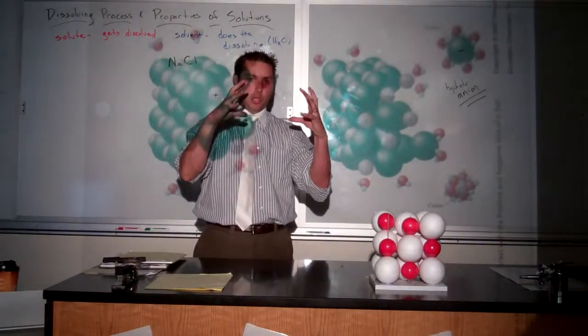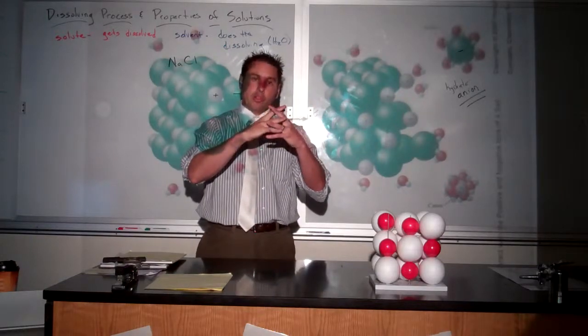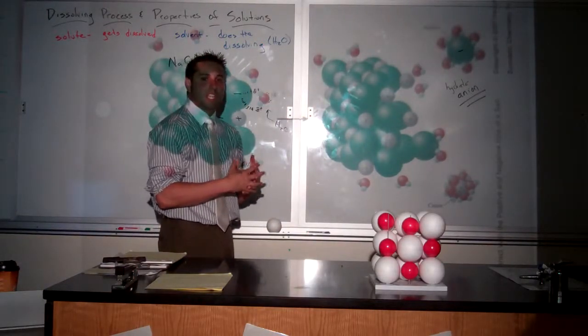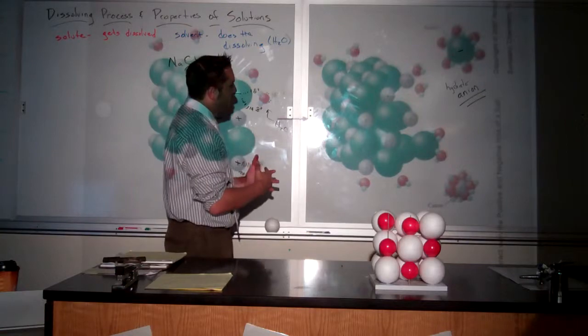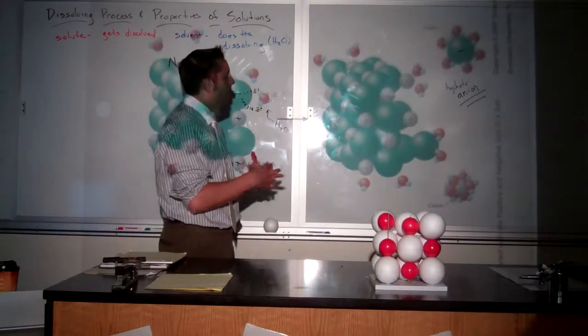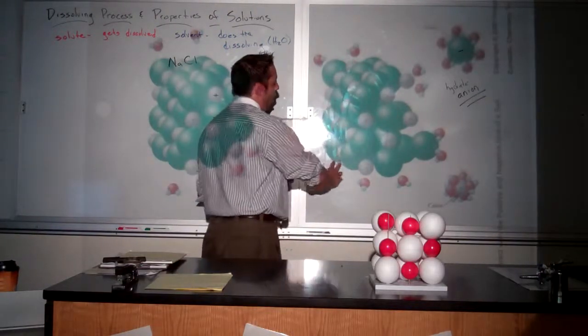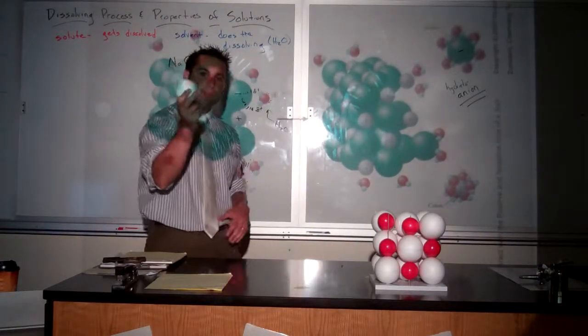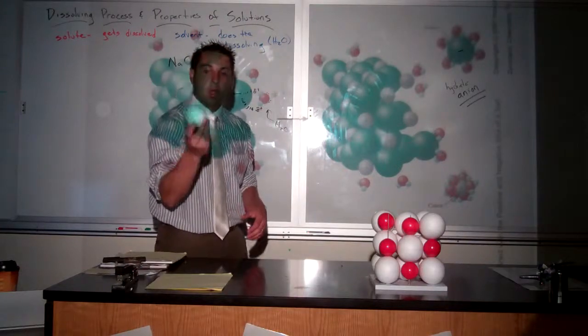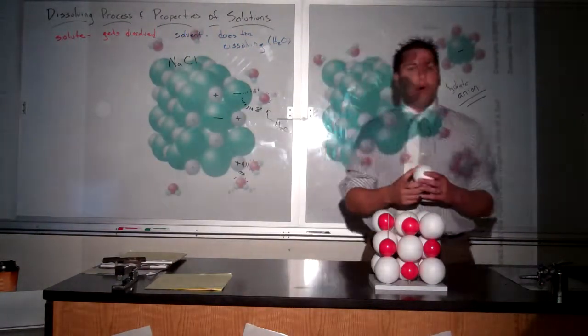It tends to get smaller and smaller, and visually that is what we would see if we put a cube of salt into a glass of water. Eventually, it would get so small that the water would overwhelm all of these, breaking off every piece of this to the point where we would no longer see them because they were individual ions.